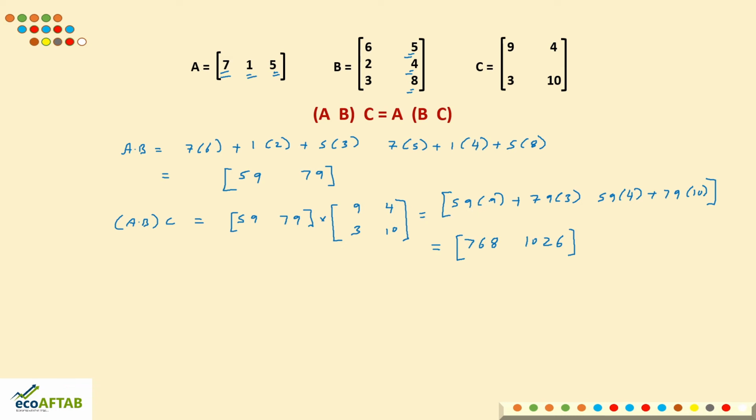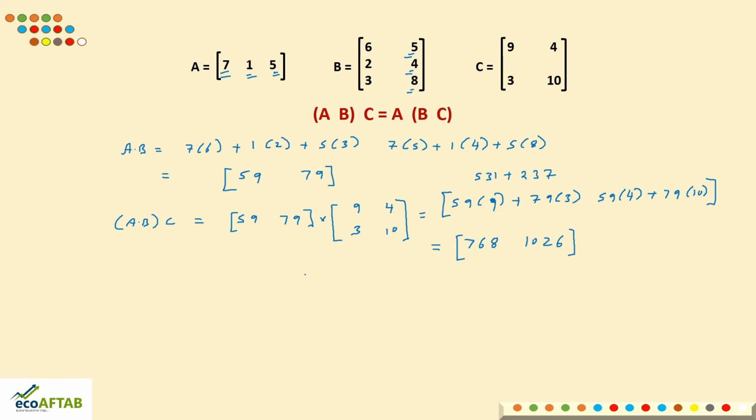When you multiply this thing, you will get the answer. For simplicity, I can tell you all, 59 multiplied by 9 is 531 plus 79 multiplied by 3 is 237, and when 237 is added up with 531, what we get is 768.